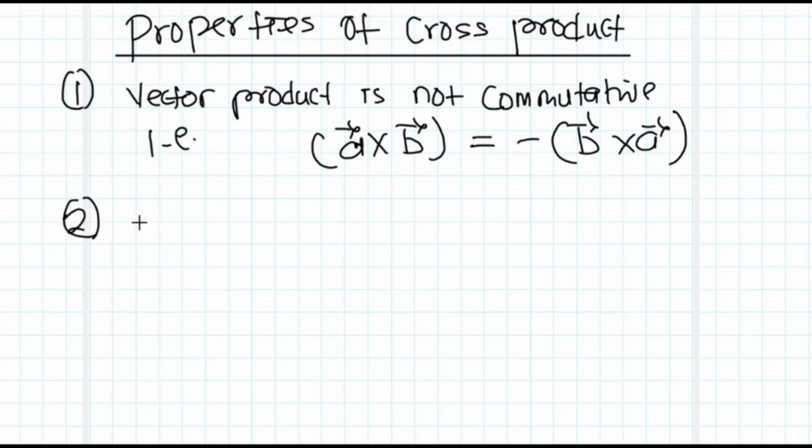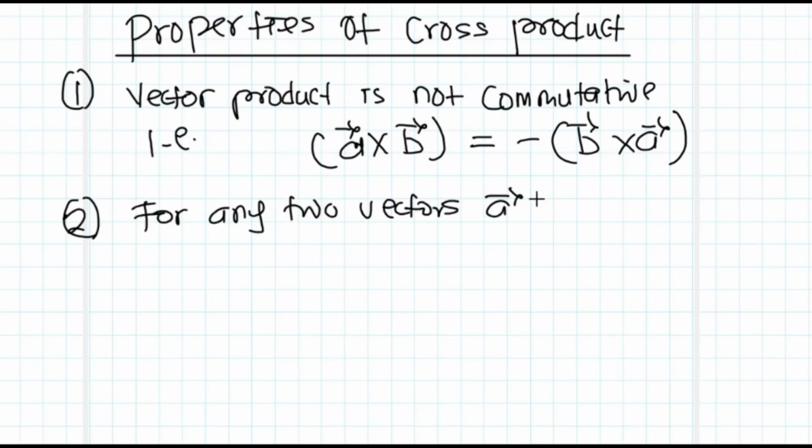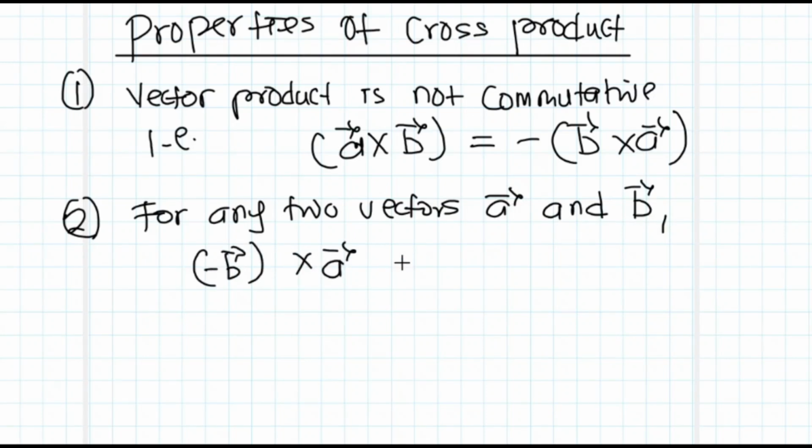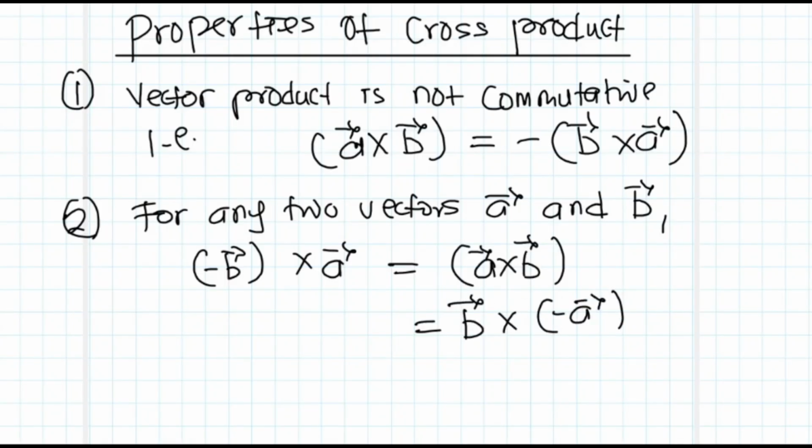Number two, for any two vectors A and B, minus B cross A is equal to A cross B, which is equal to B cross minus A. You can see how it goes.